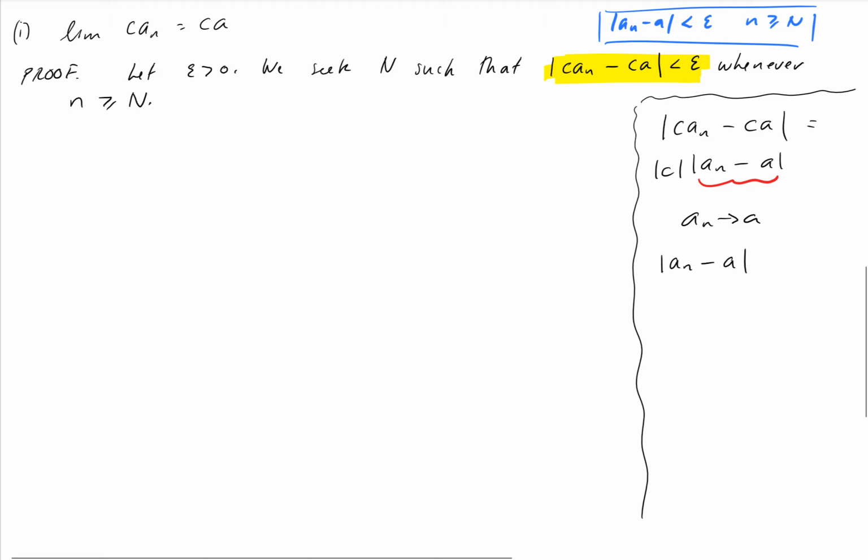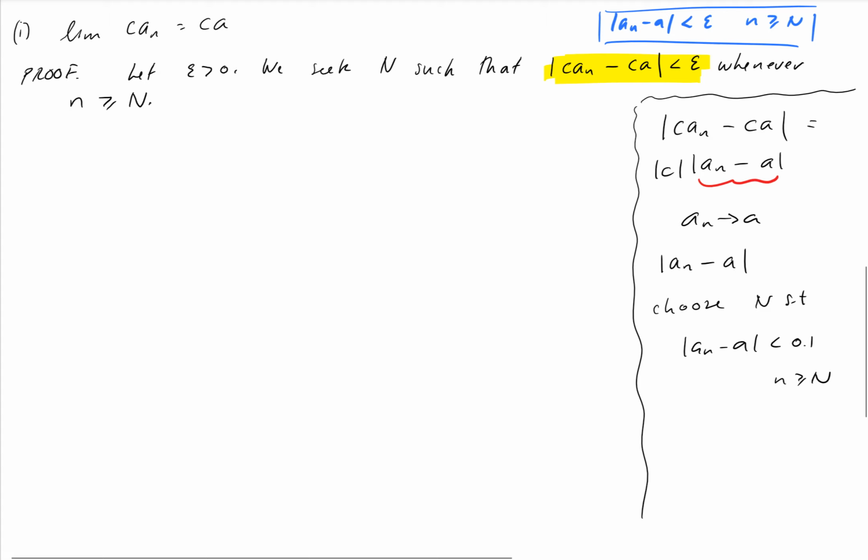Because we know it's a convergent sequence, we can make use of this in the proof to make this as small as we like. So we can say, for example, we can choose n such that absolute value of AN minus A is less than 0.1, for example, for all n greater than or equal to n. Now, 0.1 is not very convenient for our problem. It doesn't really mean anything.